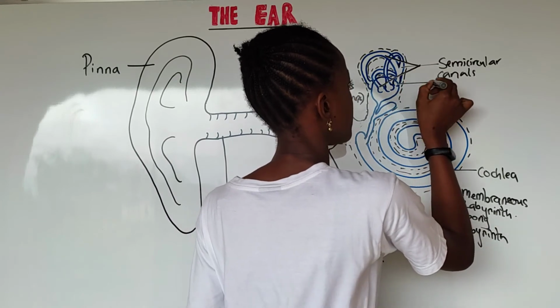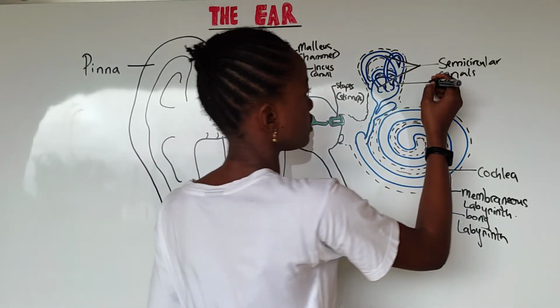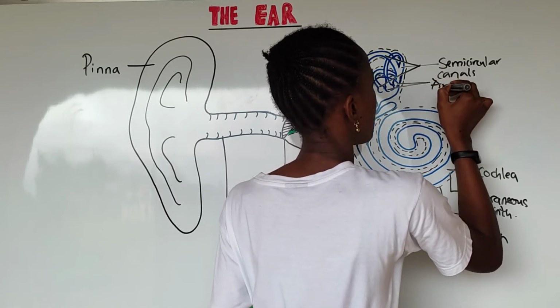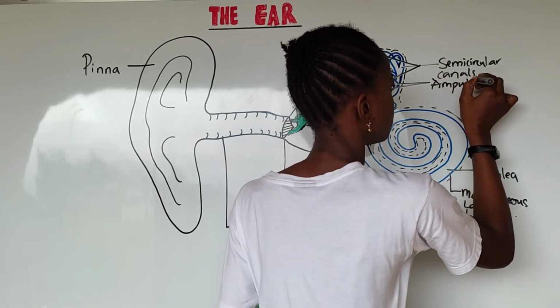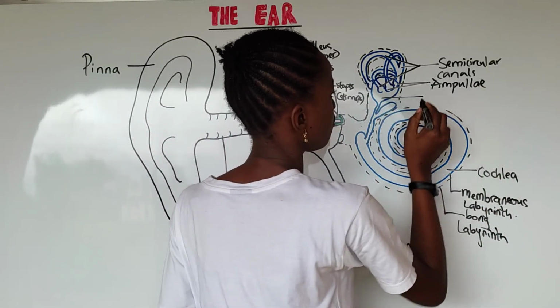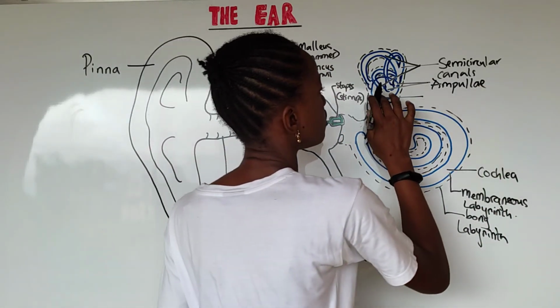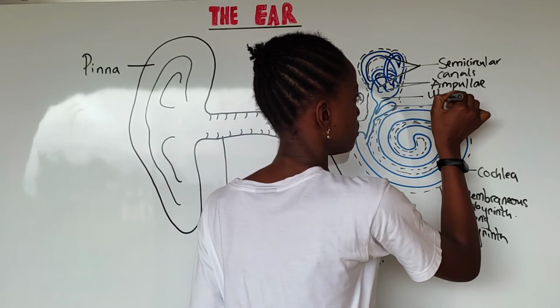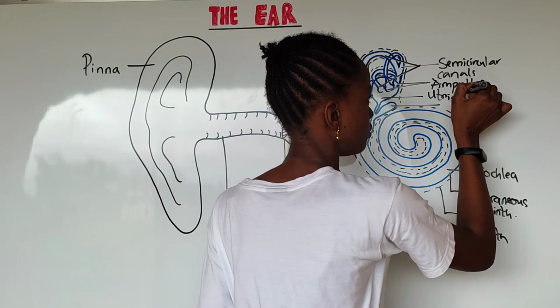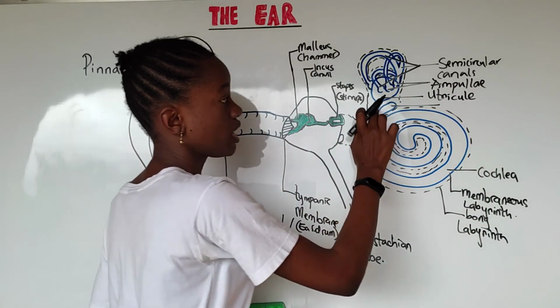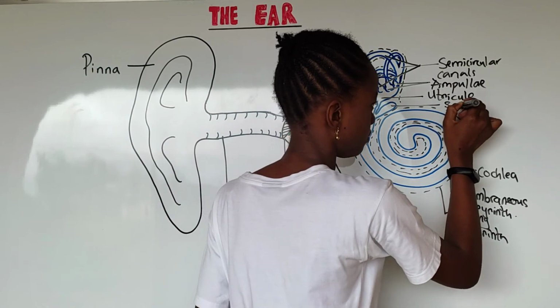And the swollen end that I drew in all of them, you can call them the ampullae. Okay, that's the ampullae. Then we have this one. This is the utricle. This one is the utricle, and this is the saccule.